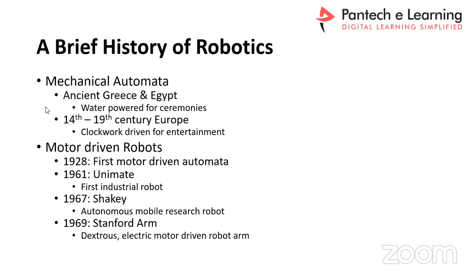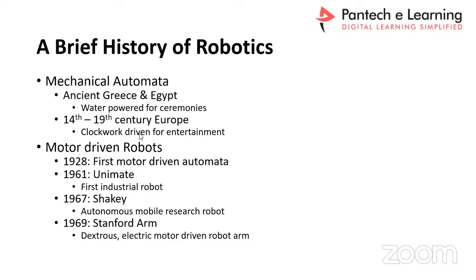And then the history of robotics. Robotics already existed even from ancient times, in Greece and Egyptian times, but in a different way, like water power for ceremonies. Electricity wasn't invented, so they could not make the kind of robots that we were able to invent in the 20th century, but still we can say they were a different type.